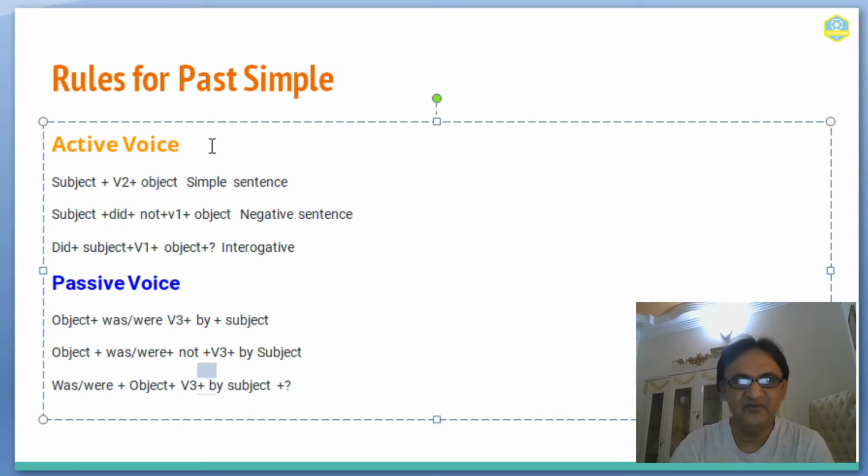Second thing, you have to check the rules of what the helping verbs are and what the sentence structure will be in simple, in negative, and in interrogative, in both cases, either in active or in passive, or in the whole grammar structure. So you should know that. This is about understanding. This is not about memorizing. I'll suggest you.